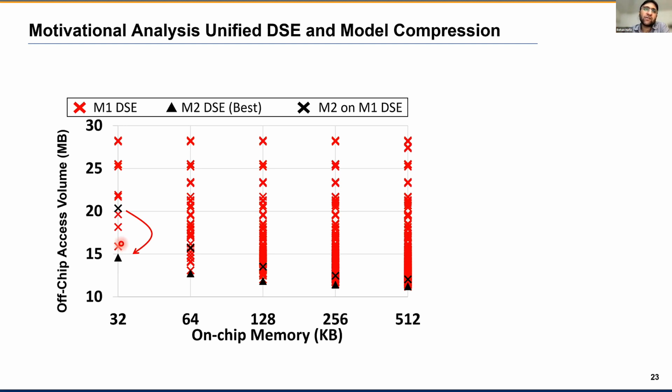Afterwards, when we use that strategy on model M2, the excess volume increases and it goes to here. What we are showing is that if, on the contrary, we had done the design space exploration using model M2, it would have been our solution.